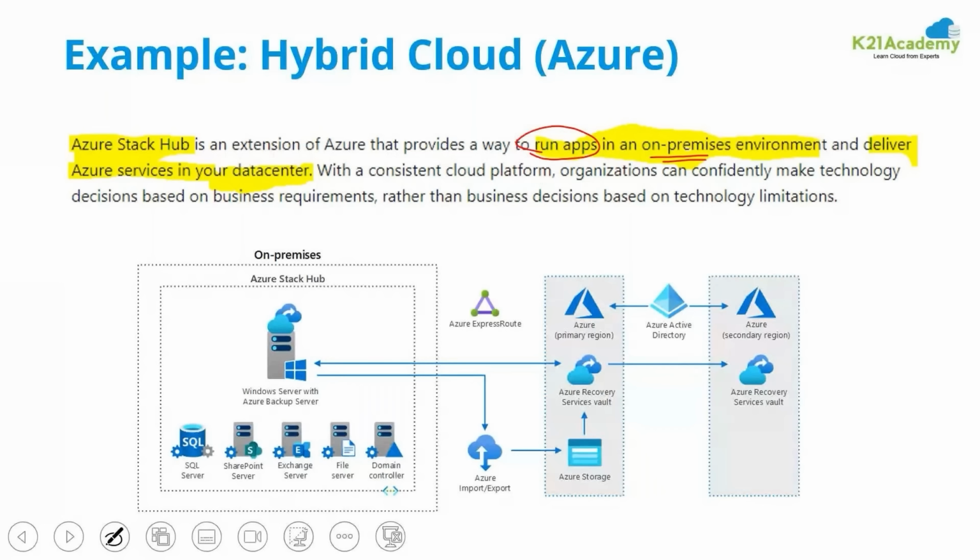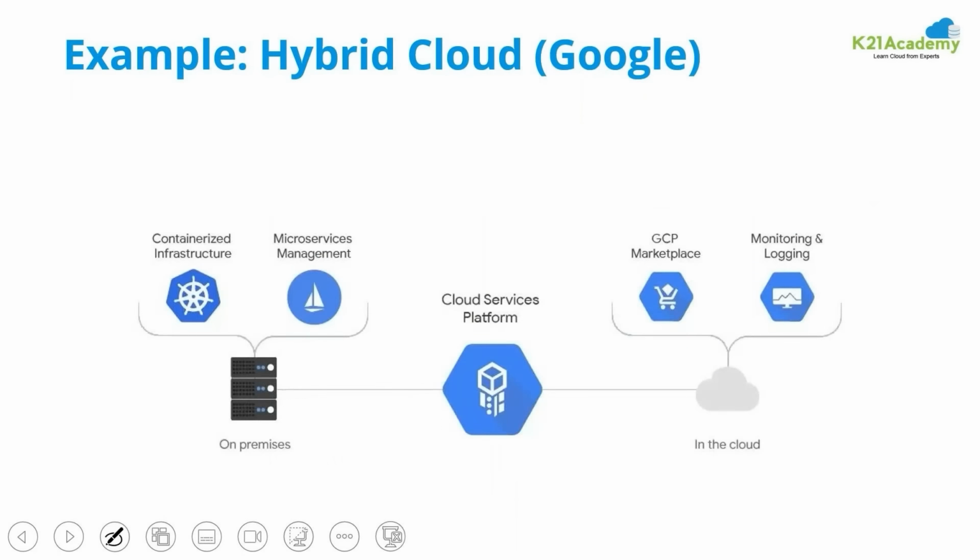Like AWS, Azure gives you Azure Stack Hub. So Azure Stack Hub is created in the on-premise, which is connected to the public cloud. So you can run your applications locally in your own premises by using Azure Stack Hub.